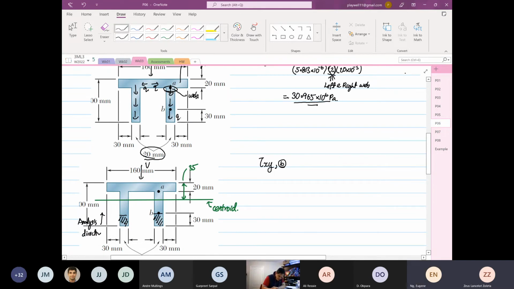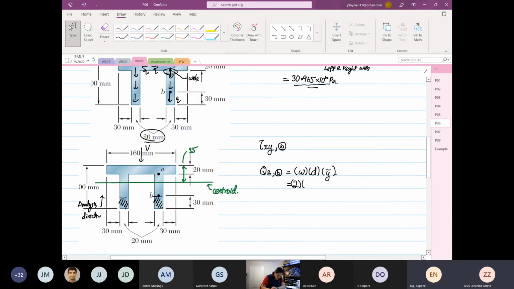As usual, we want to find the Q at point B. It's width times depth multiplied by y bar. You have to realize that you have left and right, two. Width is equal to 0.02. Depth is 0.03. Now we have to find y bar.